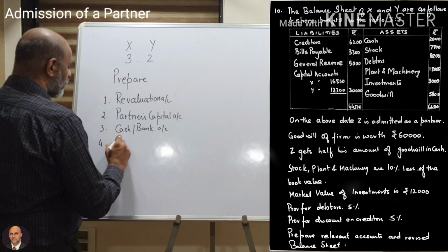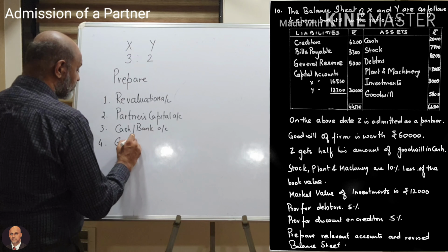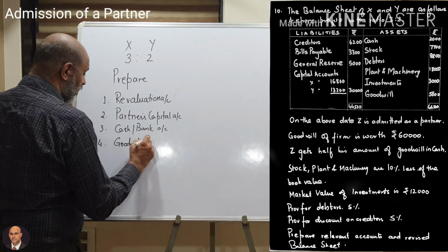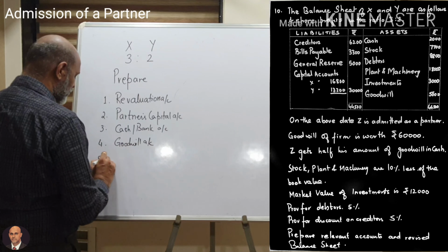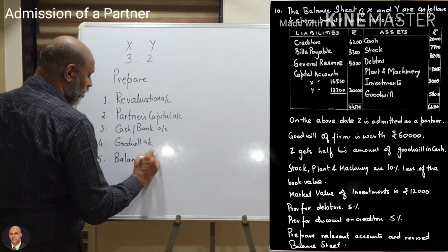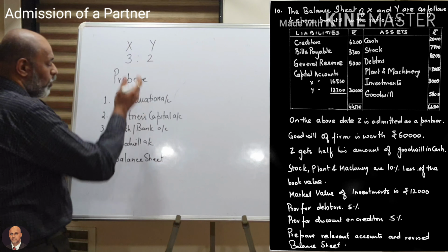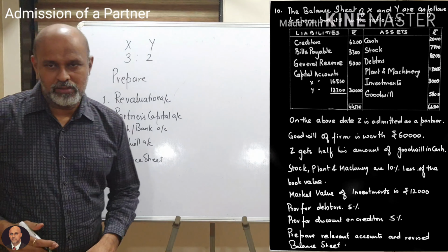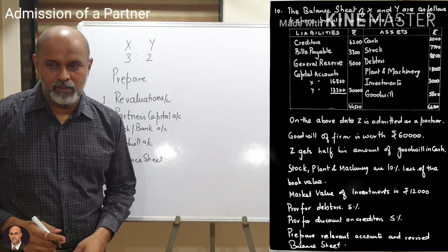Fourth, you will prepare the goodwill account. And fifth, you will prepare the balance sheet. So your first step towards solving a sum becomes when you prepare these following accounts and statements.